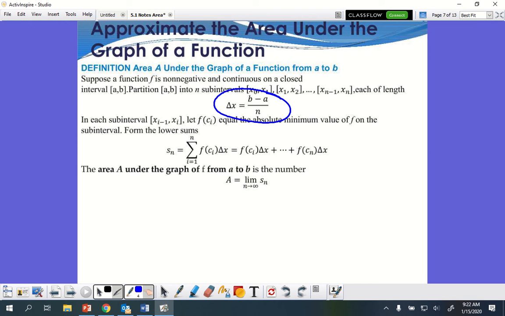That's what that triangle means, delta. Did you know it's Greek? So delta x means it's the change in x, the difference in x.